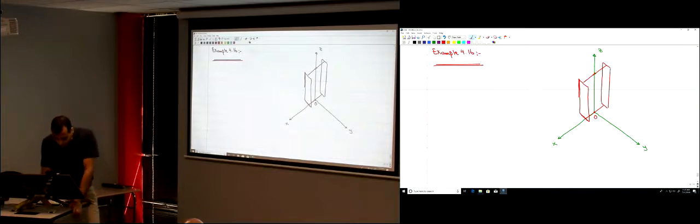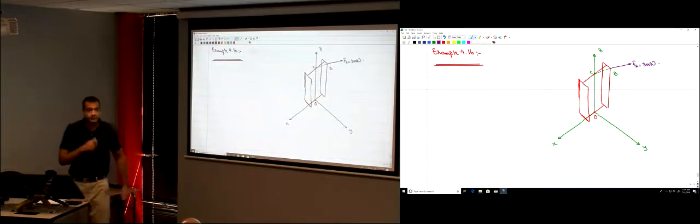This is point C here, and this point is point B. Along this direction, CB, there is a force oriented with this line, acting on the column. It's F2, equal to 300 newtons.